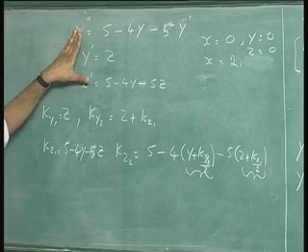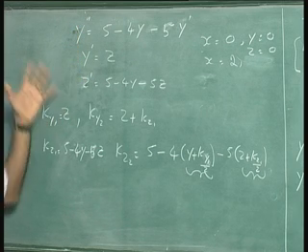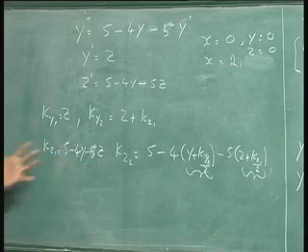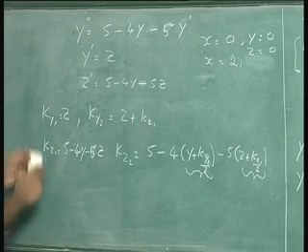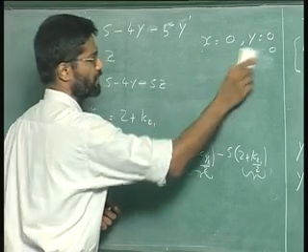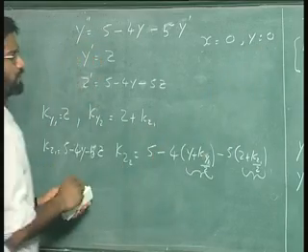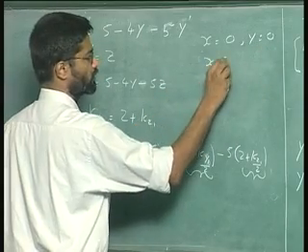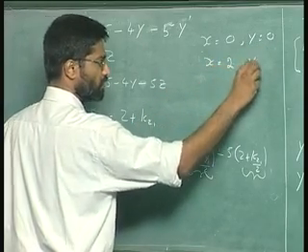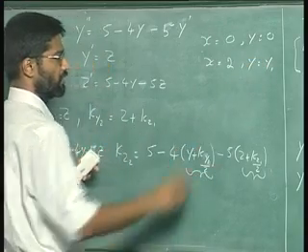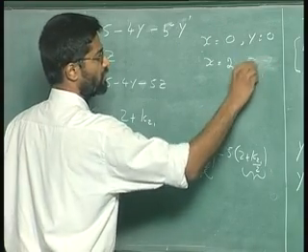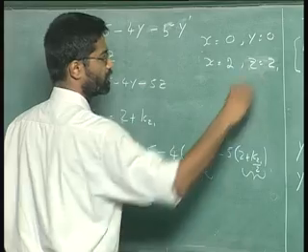in which we again convert this into an iterative scheme. Let's look at a particular example. Let's say we were given x equal to 0, y equal to 0, and x equal to 2, z equal to some z1.